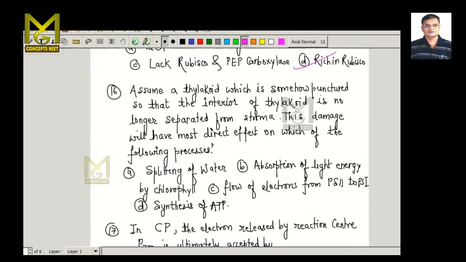Assume a thylakoid which is somehow punctured so that the interior of the thylakoid is no longer separated from the stroma. This damage will have the most direct effect on which of the following processes? The thylakoid lumen is crucial because it maintains a proton gradient, and this proton gradient is important for the formation of ATP.